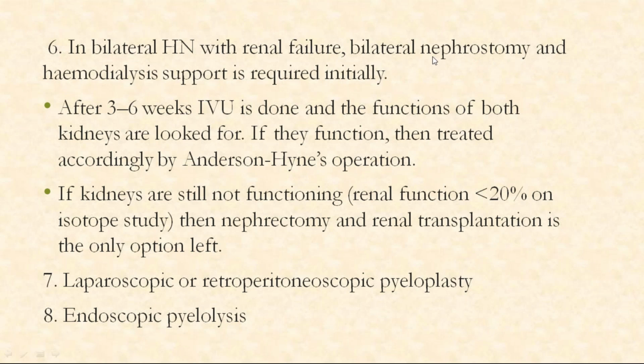Nephrostomy means opening the kidney and removing the fluid present in the kidney itself. Hemodialysis may be required sometimes. After 3 to 6 weeks, IVU, intravenous urography, is to be done to know the functional status of the kidney. Next, laparoscopic pyeloplasty may also be done for hydronephrosis, and endoscopic pyelolysis can also be done.